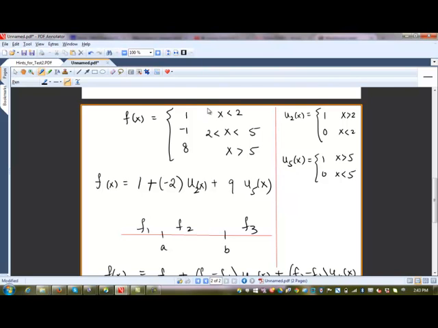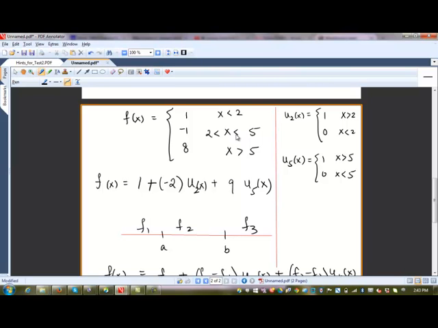No. When x is bigger than 2, the u2 function starts contributing. So that's why I said that switch 2 is on. Yeah, but then you say it's less than 5, so u5 is not contributing. Mm-hmm. So that's why u5 switches off.